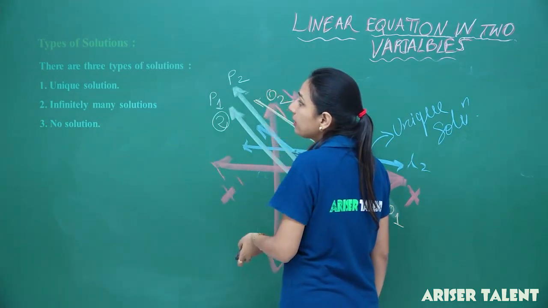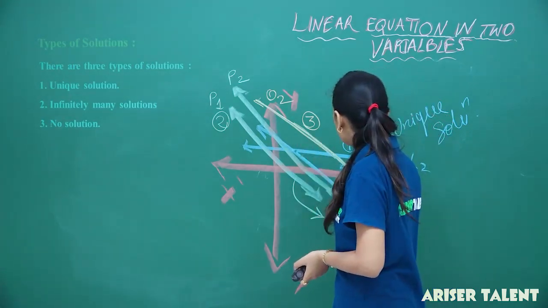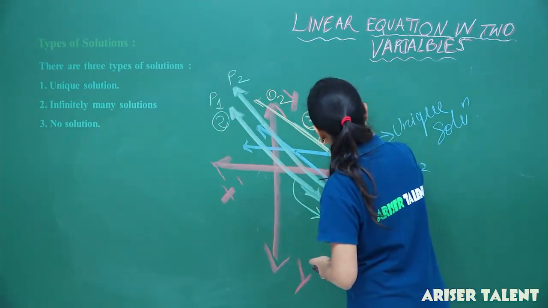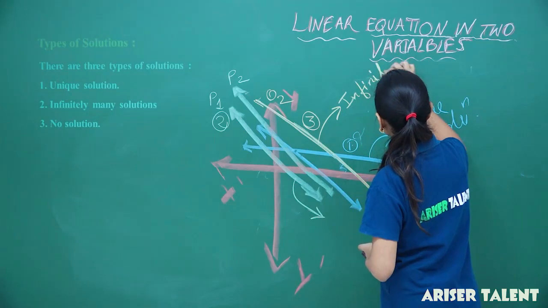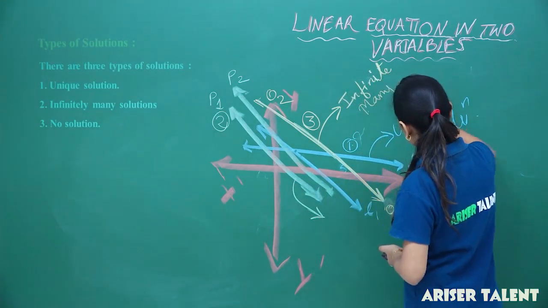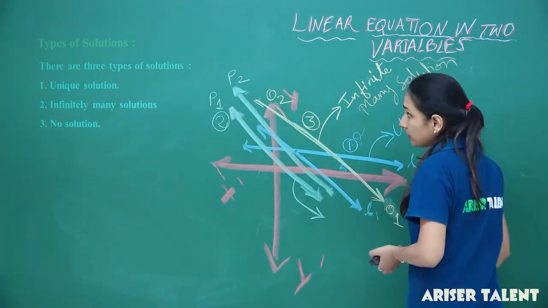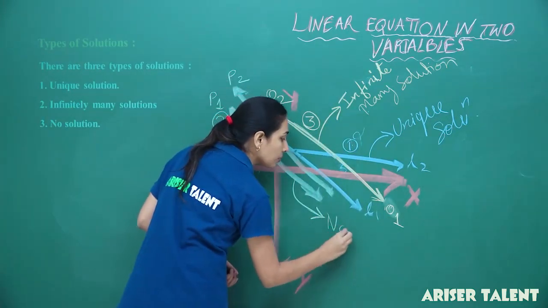Now, infinitely many solutions will be where? When these two will overlap. Now these two are overlapping, so this will have infinitely many solutions. Okay, that is second. Now no solution. For parallel lines, there is no solution at all.